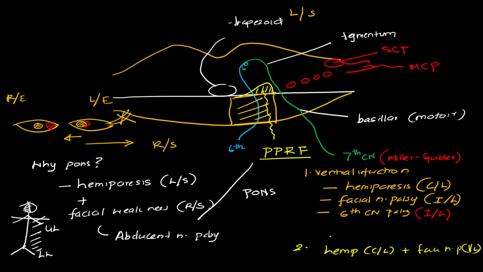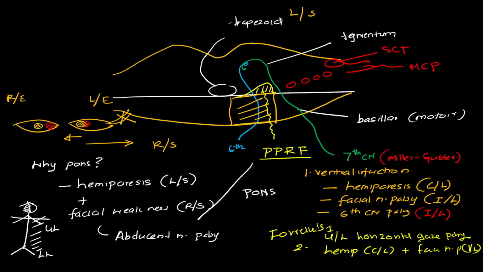A lesion in the PPRF leads to an ipsilateral horizontal gaze palsy. Horizontal gaze is problematic because of the inability to carry out these saccadic motions of the eye. This is given the name Foville syndrome.